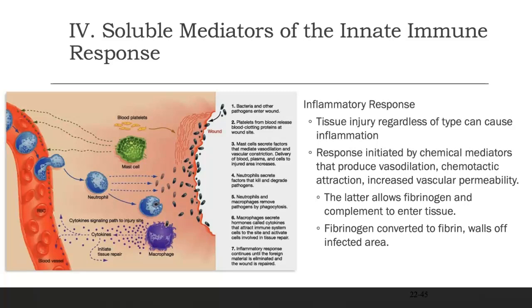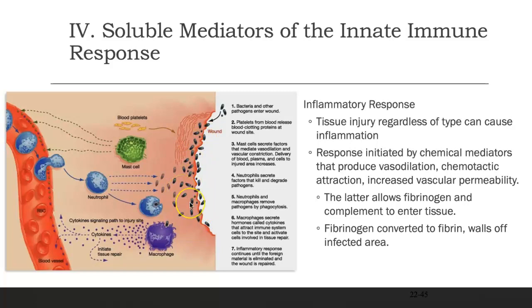At this point, tissue injury, regardless of the type, can cause inflammation. Our response is initiated through chemical mediators that are going to cause things like vasodilation, chemotactic attraction, and vascular permeability. So let's take a look at that real quick in this image. We see that we have a wound, and unfortunately it's allowed this bacteria to move in.